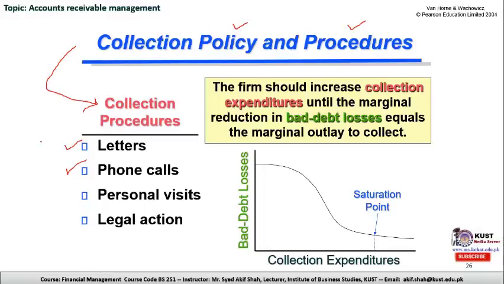If they are not responding to the company's letter, and the credit applicant is not answering the phone calls, the third step for a company is to make a personal visit.